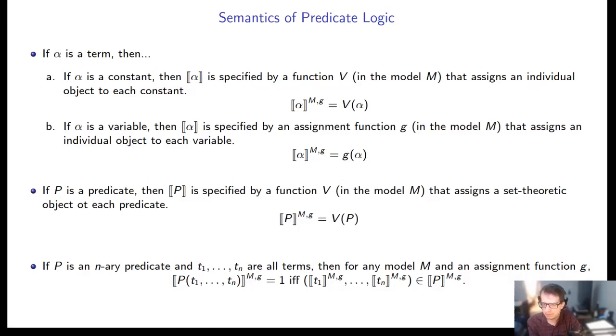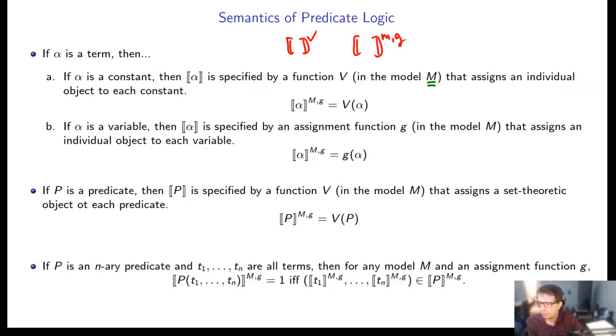So we have these superscripts M and G. M is a model, and we still use V as a situation. V is a function that evaluates whatever our constants or terms or predicates are. And then we have the assignment function G that tells us what our variables are doing. So now instead of having a V up here, instead we have an M and G.